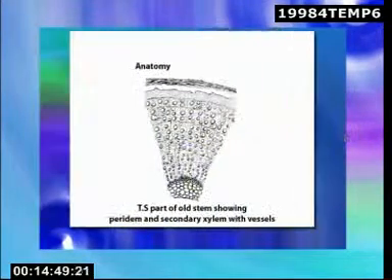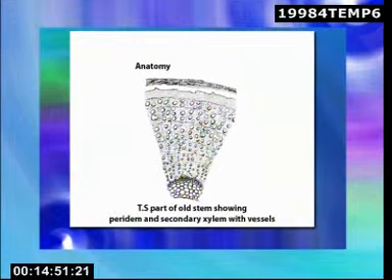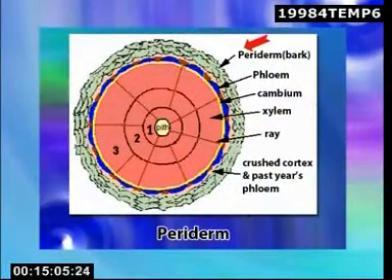The cork cambium arises from the living parenchyma cells of the non-functional phloem or previous season's phloem and cuts off cork cells towards the outer side and secondary cortex towards the inner side. Thus, the periderm, consisting of cork, cork cambium, and secondary cortex, replaces all the tissues outside the secondary phloem.